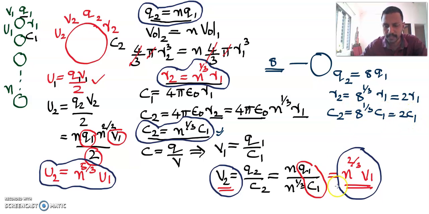Then let's speak about potential. The potential formula is V2 is equal to n raised to 2 by 3 V1. In this case, it's 8 raised to 2 by 3 V1. What is 8 raised to 2 by 3?